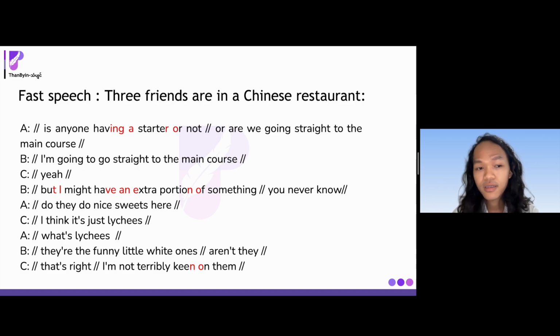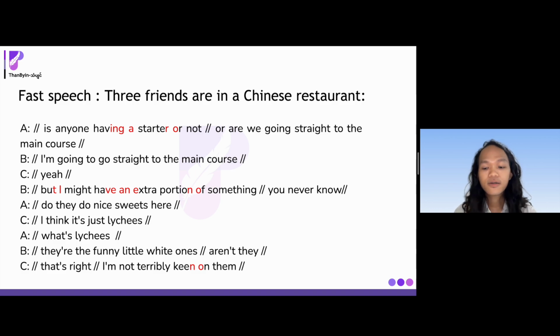But I might have an extra portion of something. You never know. Do they do nice sweets here? I think it's just like cheese. What's like cheese? They're the funny little white ones, aren't they? That's right. I'm not terribly keen on them. That's it. You may pause the video, rewind the video, and then practice all of them together.